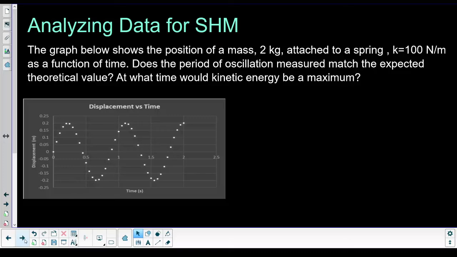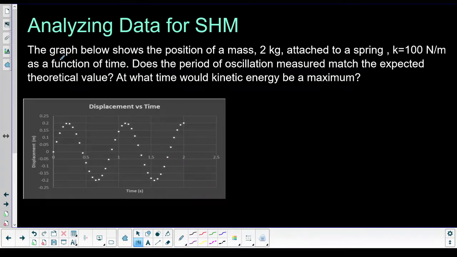And they're going to ask you some questions about the oscillator based on these data points that they recorded using either a timer or a position sensor. What do you call those things? Motion sensors. So we've got to understand how to look at some data and pull out the information we need.